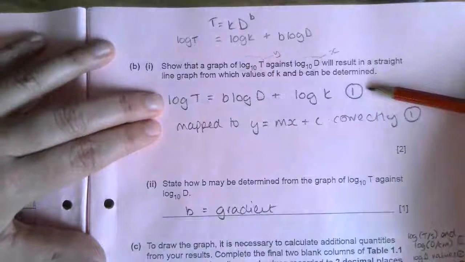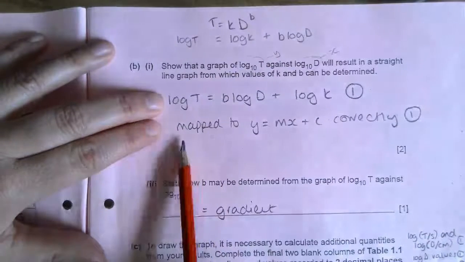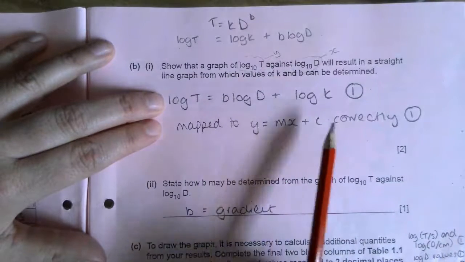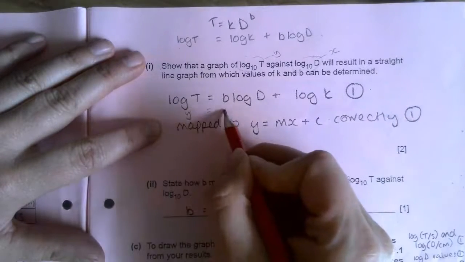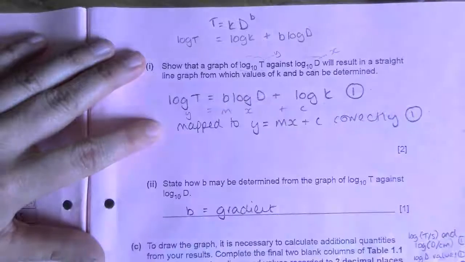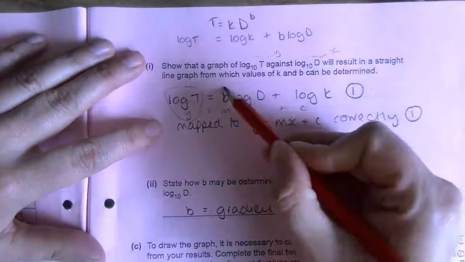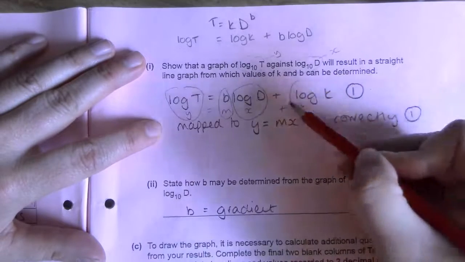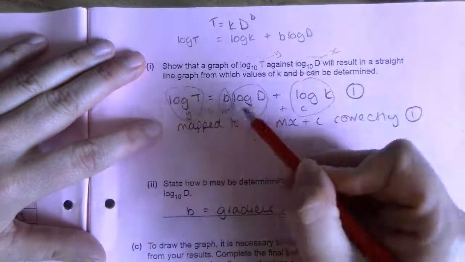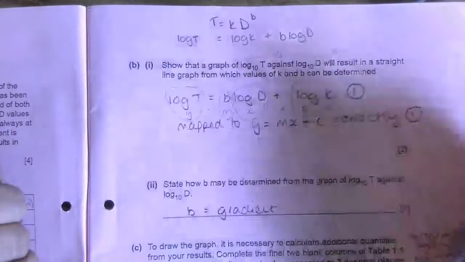There's 1 mark for taking your logs and applying the rules properly, and then having it properly mapped to y equals mx plus c. So I would have y equals mx plus c lined up under there. I like to map by doing that. You all know that by now. It's also okay to map just with wee arrows, but with things like this, whenever they're multiplied together, that's why I like doing my wee loops.